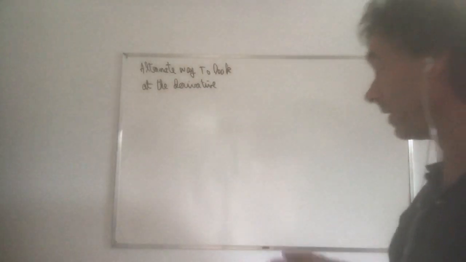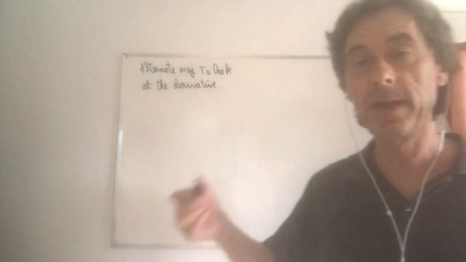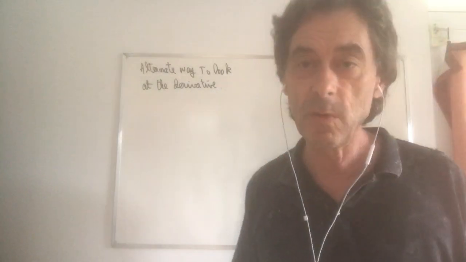Okay, so let's call this an alternate way to look at the derivative. Well, basically, how did we obtain the formula that we obtained when we saw the first video on derivative?